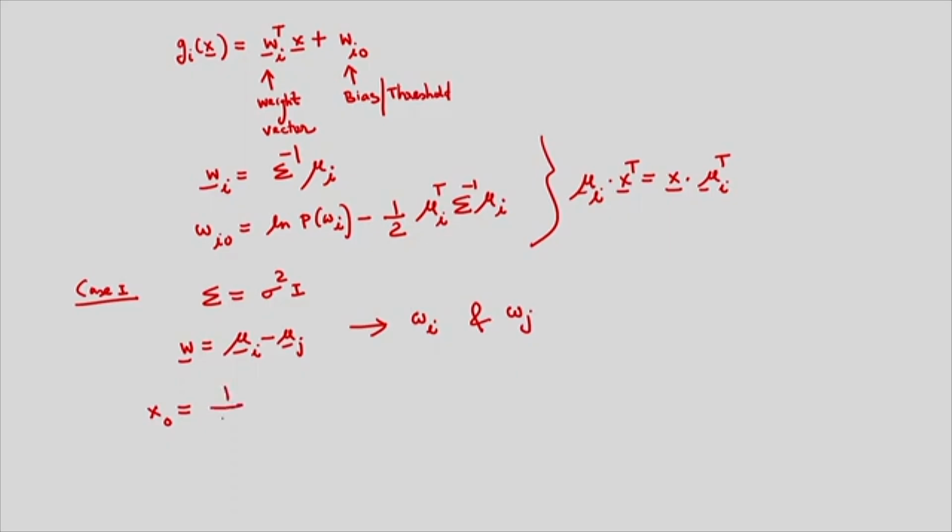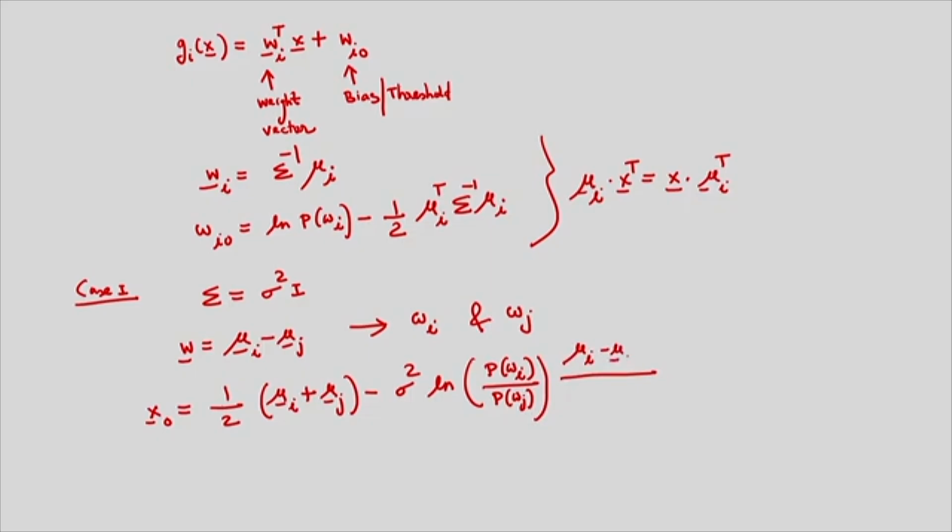The point x naught we can determine like this: mu i plus mu j minus sigma square. So, we have determined x naught like this.